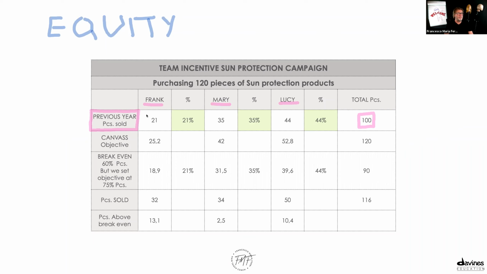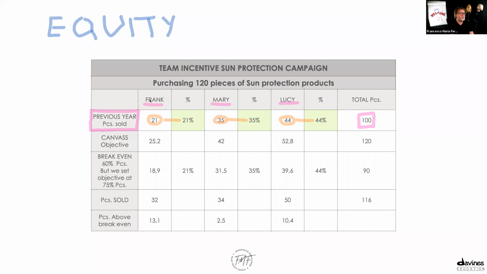Which means that 21 have been sold by Frank, 35 have been sold by Mary, 44 have been sold by Lucy, which is also Frank sold 21%, Mary 35, and Lucy 44.